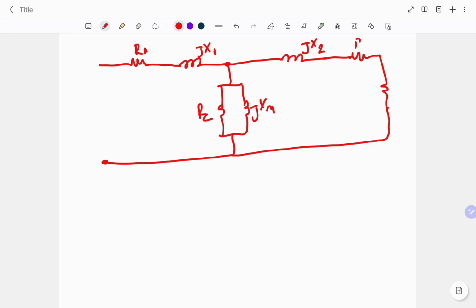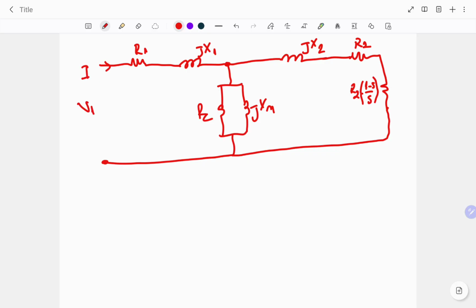What are they? R2 and R2 (1 minus S) over S. So if you add these two resistances, still you have R2 over S. So we didn't change anything, only we separate into two parts. We divide our R2 over S into two parts. Why? To clarify the losses.